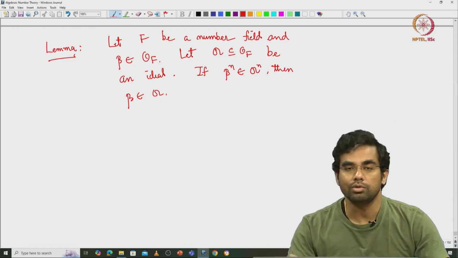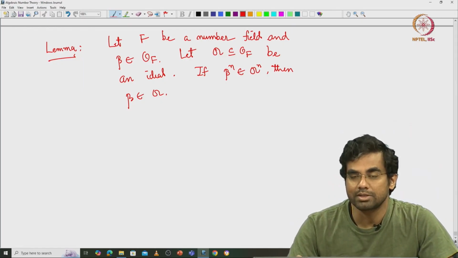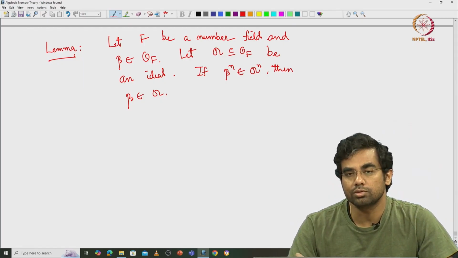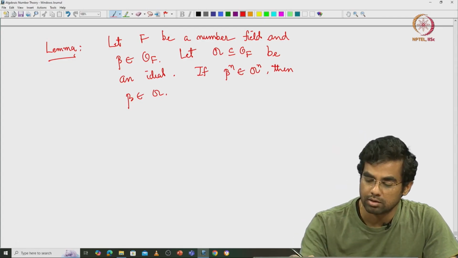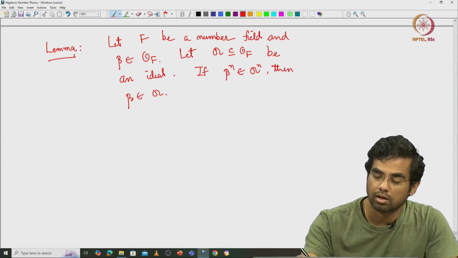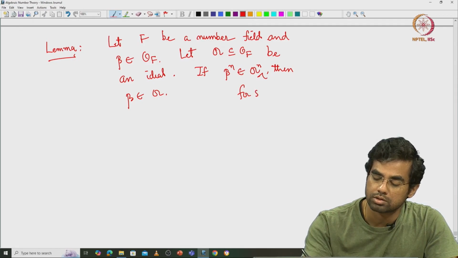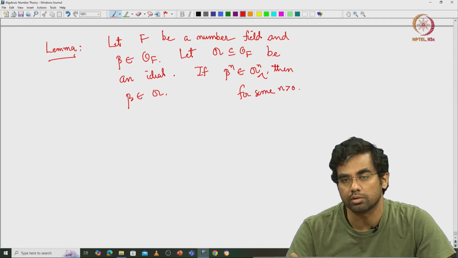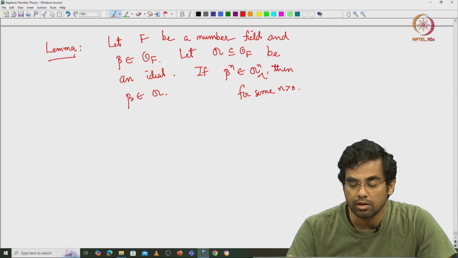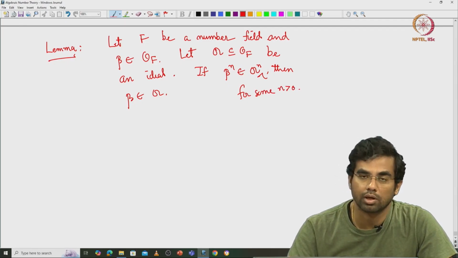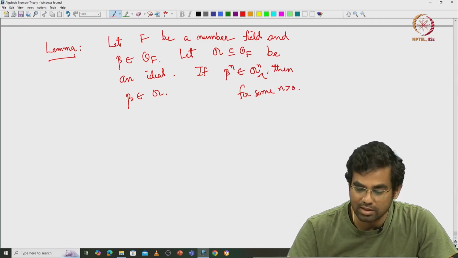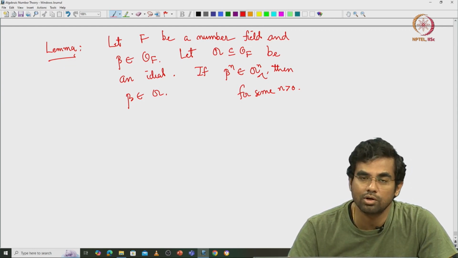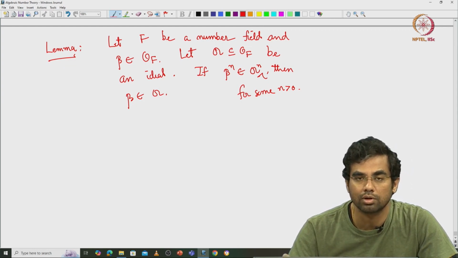This is very curious because I am saying that beta to the n belongs to A to the power n, for some integer n bigger than 0, then beta also belongs to A. And the reason I say this is curious is that this is not true in general for any ring.